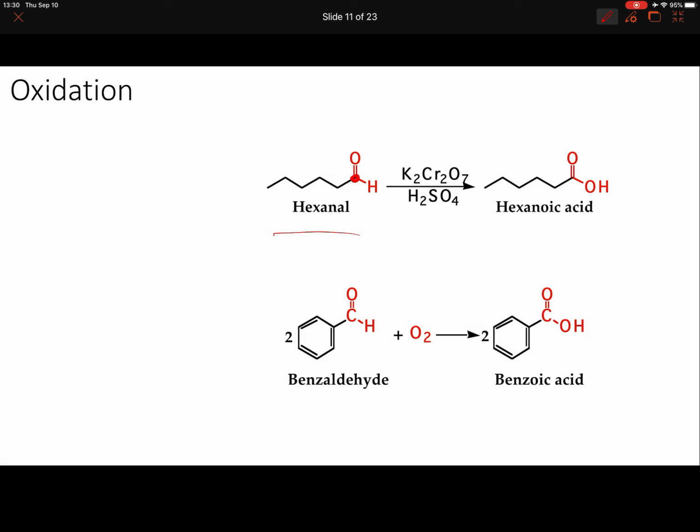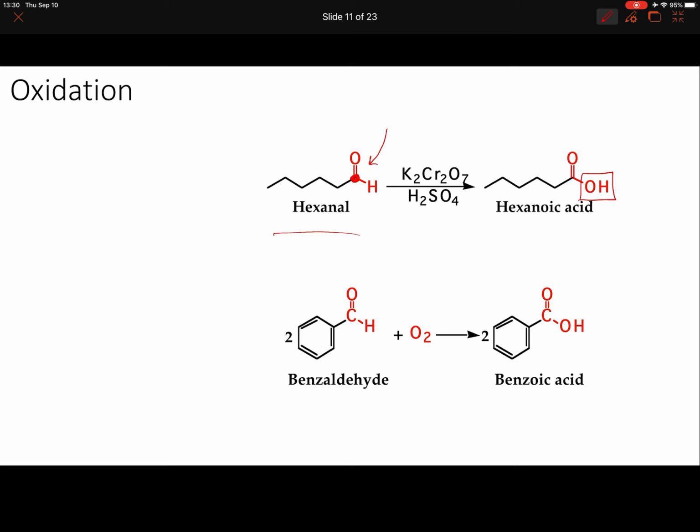So that means it's going to gain bonds to O or lose bonds to H's. And in this case, it's already got two bonds to that oxygen, so it can't gain any more bonds to it. So it has to lose an H. And we're going to replace it with an OH. So our hexanoic acid, we're not naming them yet, is just the carboxylic acid version of hexanal.